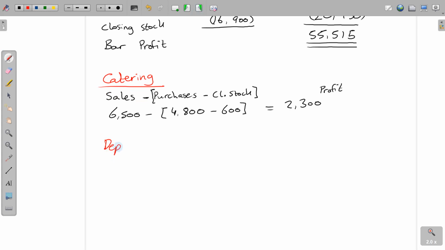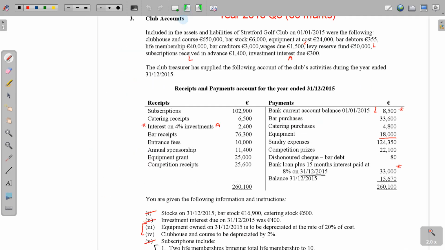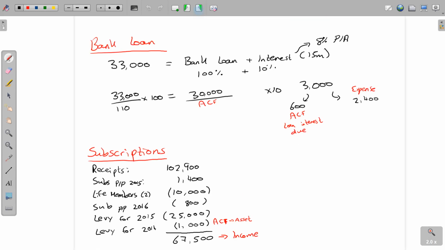Depreciation. So you have 24k plus 18k at 20%. And we have the clubhouse depreciation, which is 650. Nothing was bought at 2%.